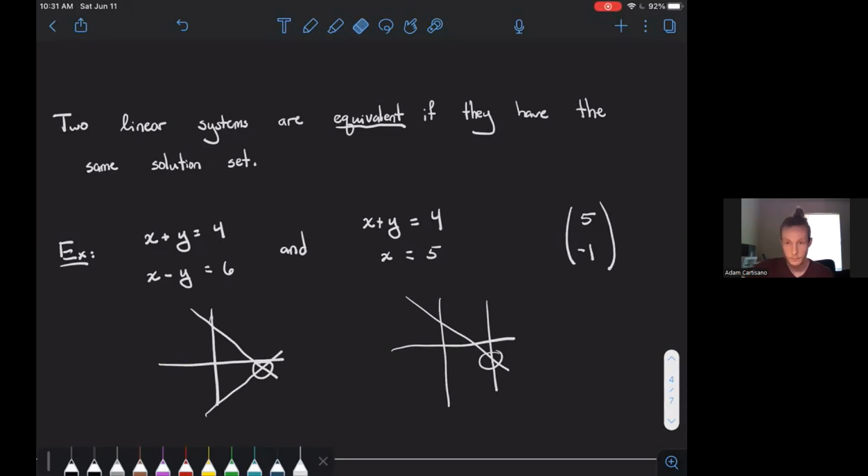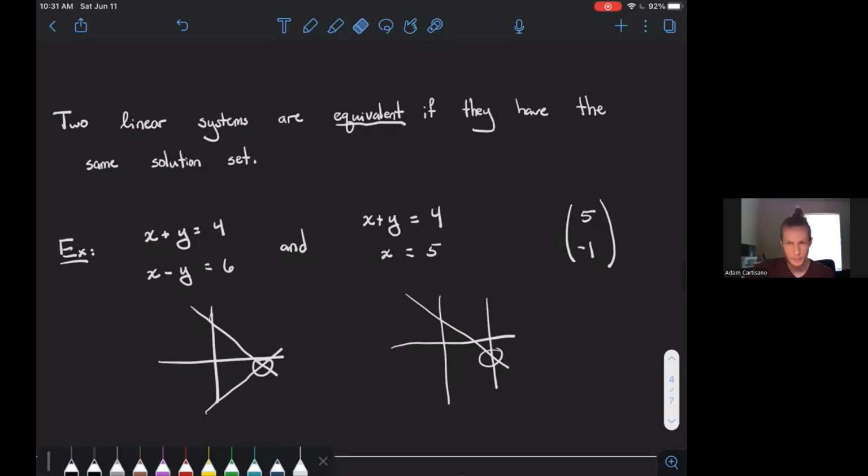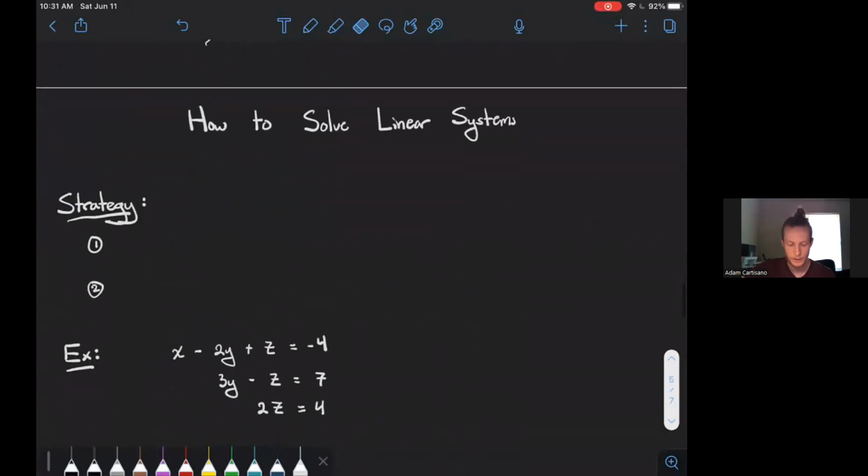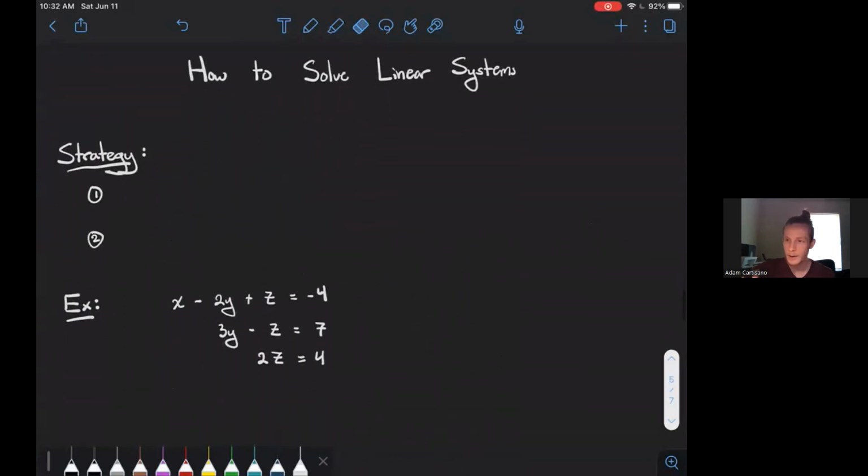Anyway, great. So why would we care about equivalence between linear systems? It's because we have to learn how to solve them. This is one of the main points of our class. We need to be able to solve linear systems, and so we're going to spend a lot of time learning how to solve linear systems. It just is what it is.